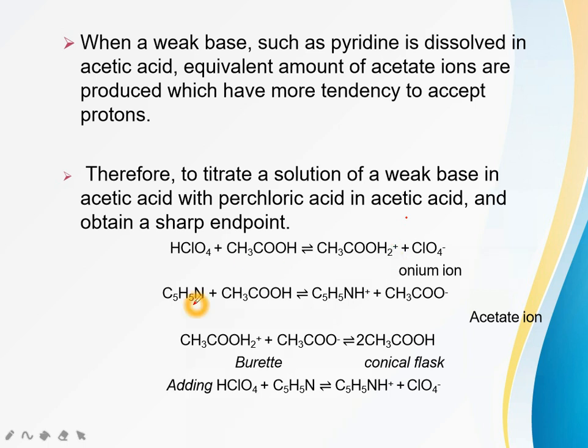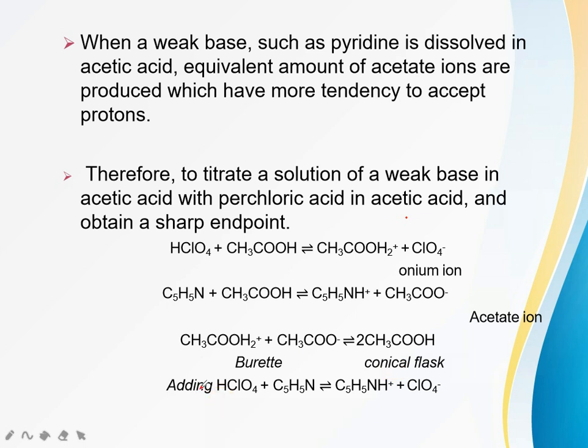And the pyridine, which is a weak base, first has to be dissolved in acetic acid. At that time, an equivalent amount of acetate ions are produced, which have more tendency to accept protons. This acetate ion and the onium ion will combine together to give two molecules of acetic acid, which is present in the conical flask.